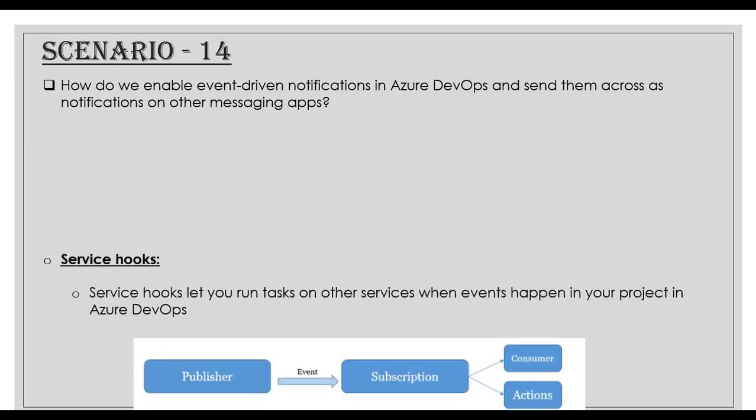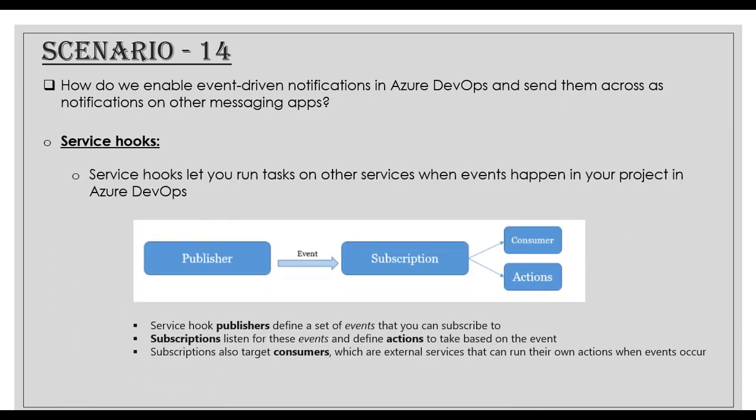The possible answer is service hooks. What exactly will service hooks do? Service hooks let you run tasks on other services when an event happens in your project in Azure DevOps. For example, you have a build pipeline, the build pipeline succeeded. So it's an event which has occurred and you want to send that completion message on Slack. That can be achieved using service hooks.